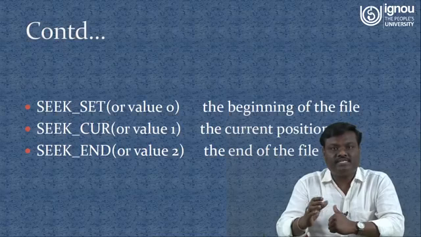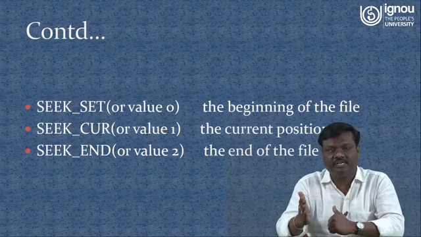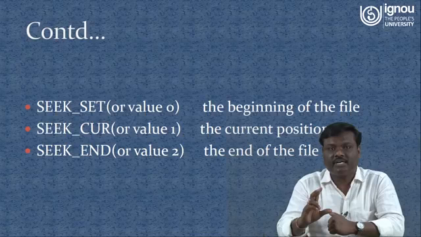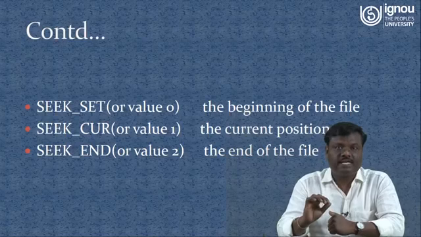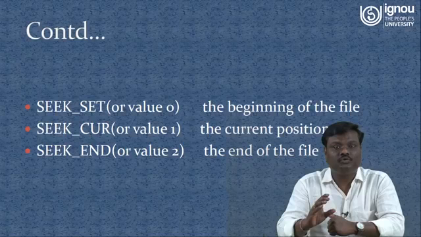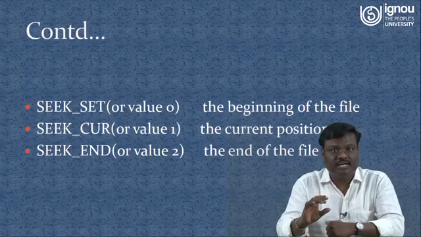Among these, we had seen there are 2 types of files C can work with: the text file and the binary file. Later on we saw formatted input and output for characters, strings, blocks, etc. Then we saw how to access files either in a sequential way or in a random way.